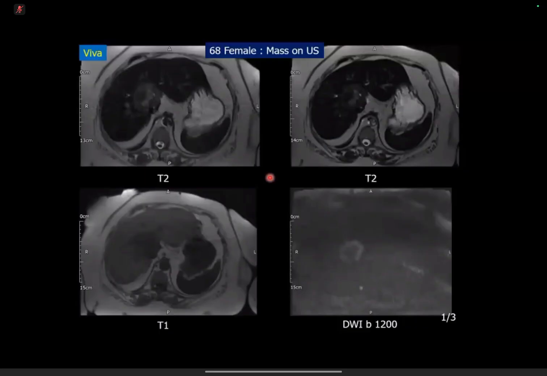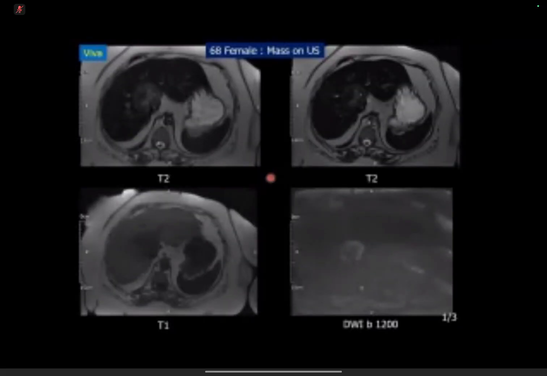T2 slightly heavy elevated T2, and then T1 non-contrast, and then diffusion weighted images, which is demonstrating slight hyperintensity, intralesional slight hyperintensity in the right lobe of liver where the lesion is, which is, I think, losing its intensity slightly on heavily elevated T2, while on DWI there's diffusion restriction.